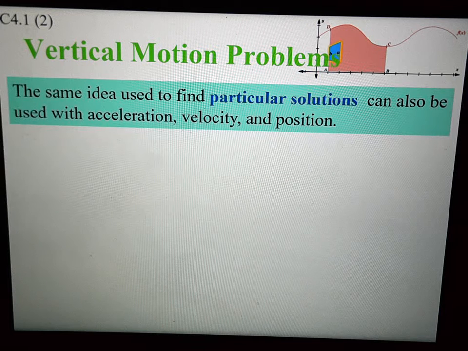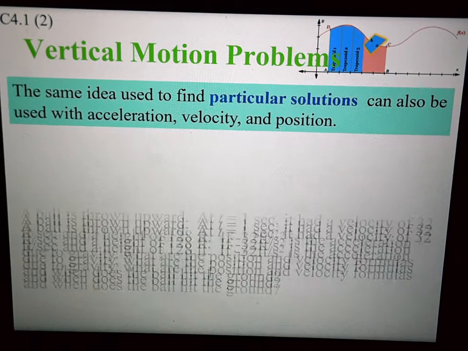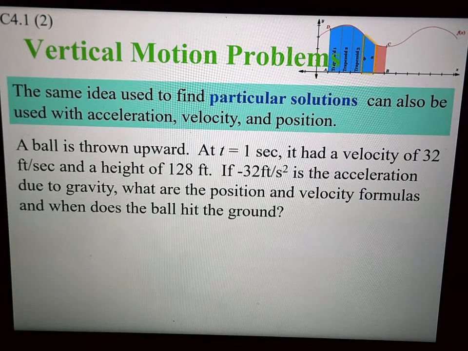The best part of this whole thing is that now we can figure out accelerations, velocities, and positions. So when I think about how this applies to physics, those of you going into AP Physics C, this is going to be right up your alley.